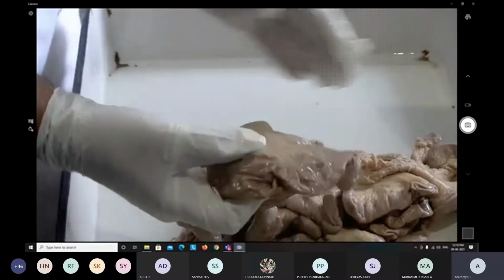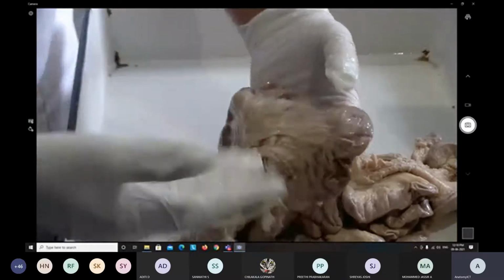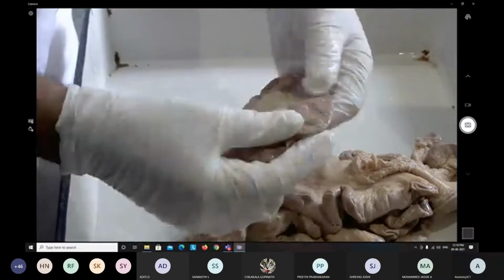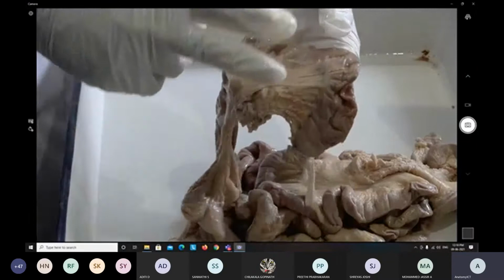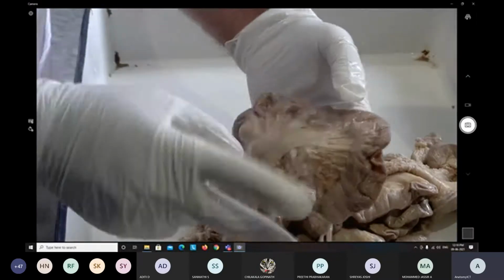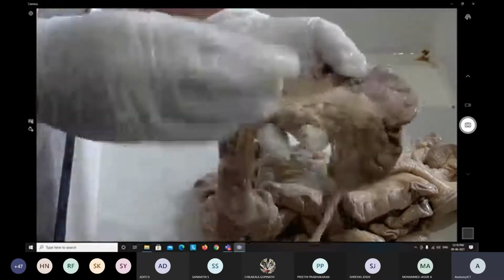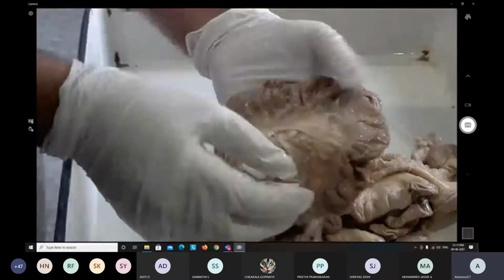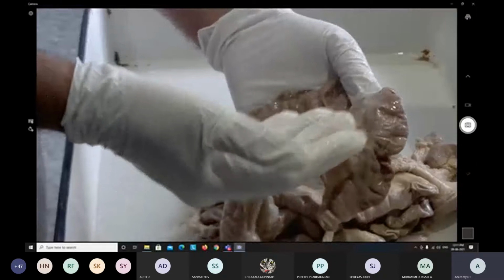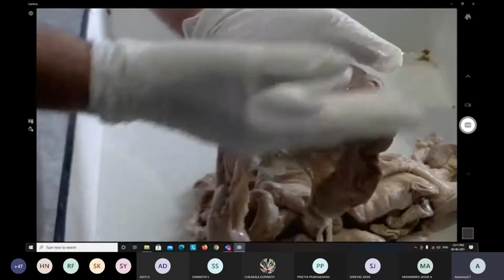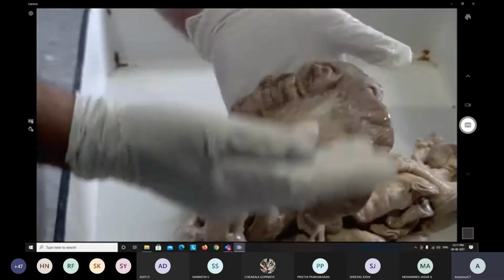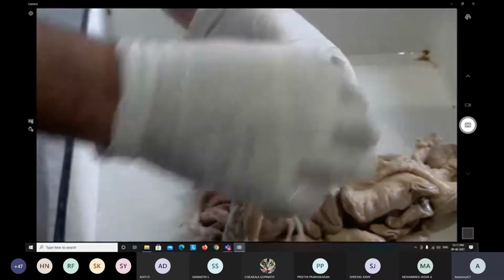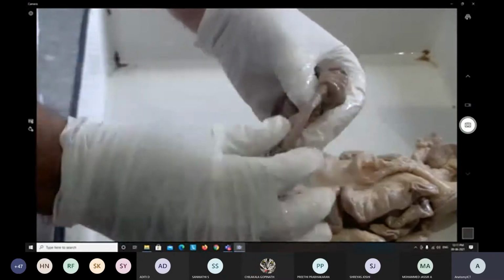Inside the peritoneal region there are multiple vessels which pierce the intestinal wall. There are two kinds of vessels: arteries and veins. The arteries pierce and supply blood for the nourishment of the intestine, whereas the veins absorb the digested food particles from the intestine and also take the deoxygenated blood from the small intestine.